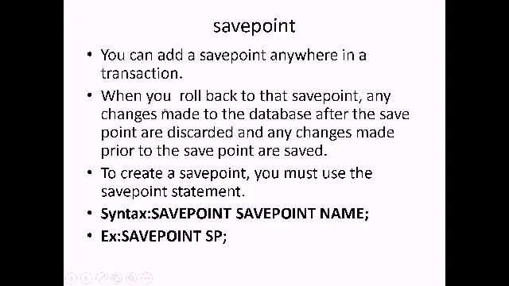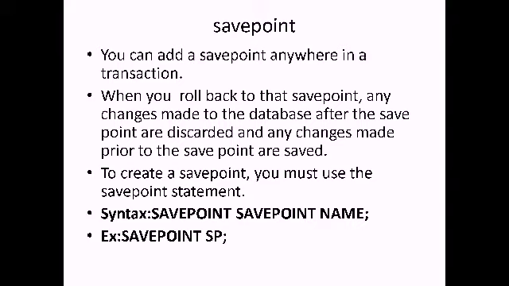When you roll back to that savepoint, any changes made to the database after the savepoint are discarded and any changes made prior to the savepoint are saved. Means when you're using a rollback, what does this rollback command do? It will undo the changes made to the database, right?